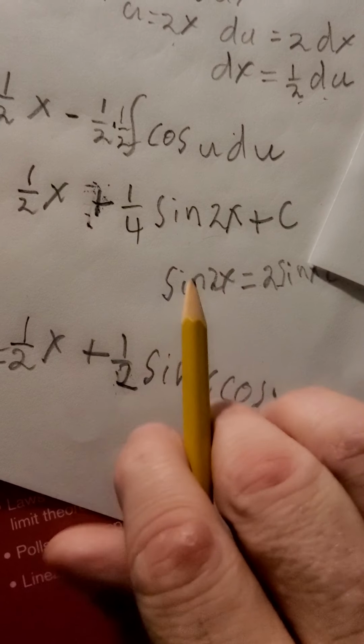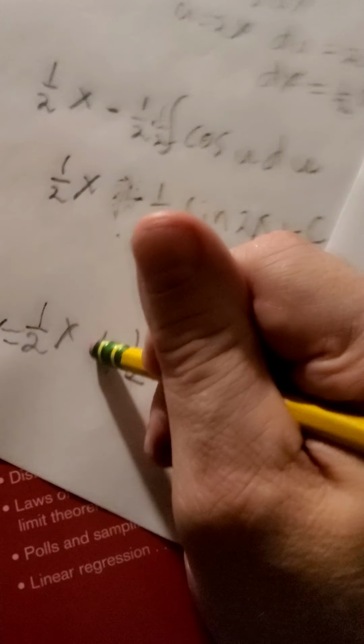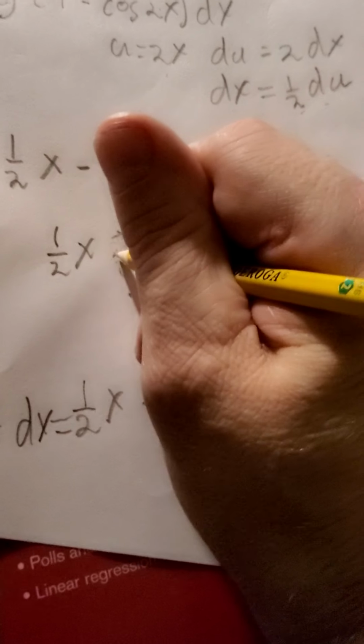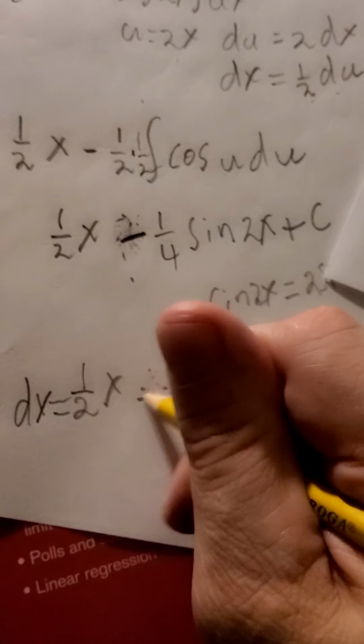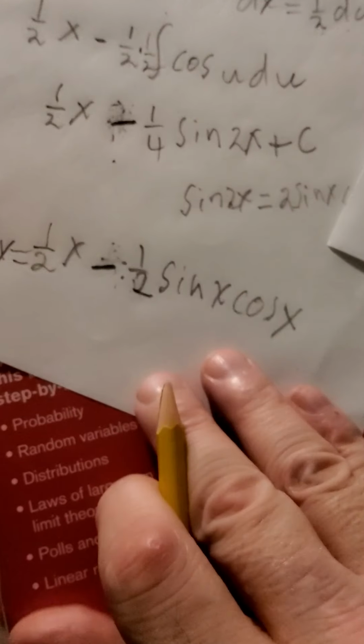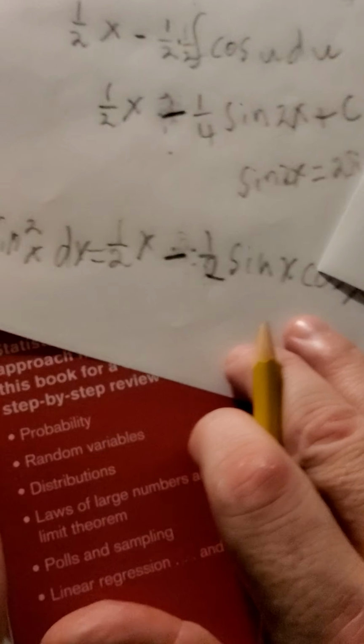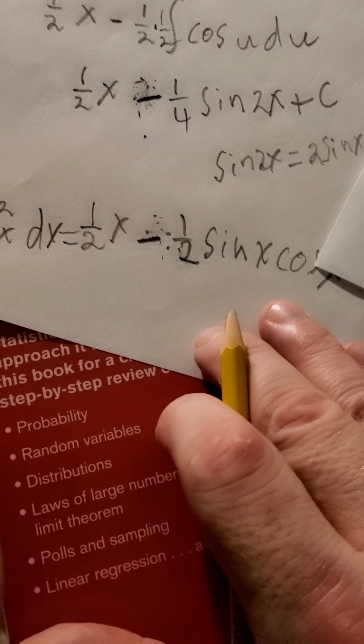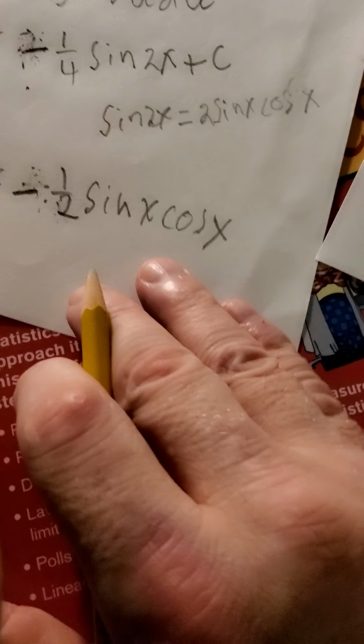The integral of cosine is just sine, so that's supposed to be a minus out there. I caught a mistake. So now it's right. A good mathematician always goes back and checks everything to make sure that he's right, or she. So I have the integral of sine squared x dx equals 1/2 x minus 1/2 sine x cosine x.